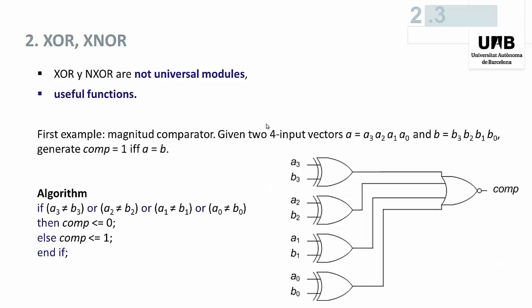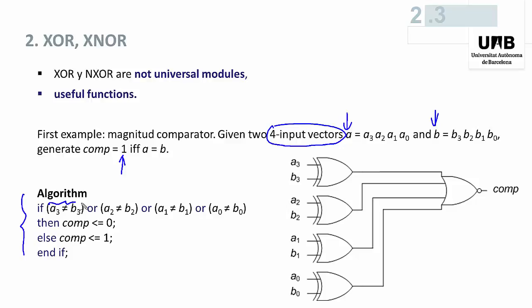Let us see now several applications of XOR gates. As a first example, consider a magnitude comparator. Given, for example, two 4-input vectors, A and B, a comparator will generate an output 1 if and only if vector A is equal to vector B. We could use for that this very simple algorithm.